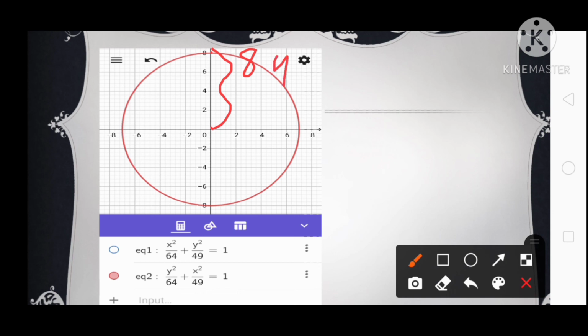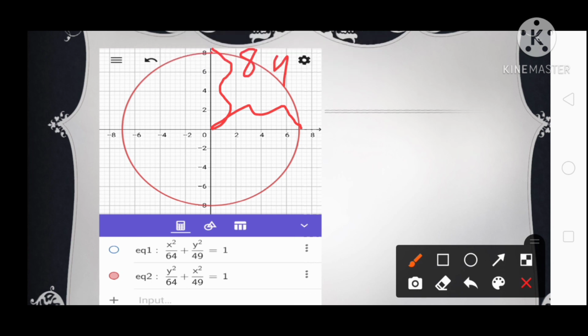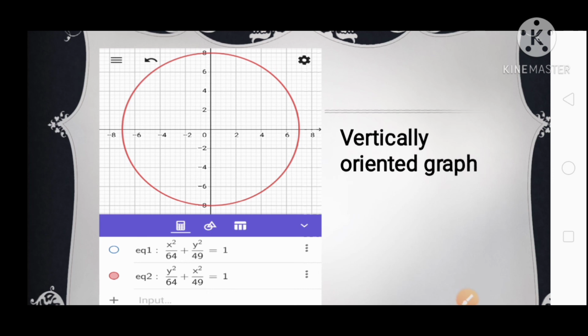Then, from the center to the edge of our minor axis, we have 7 units. Our minor axis is now located at the x-axis. That's why our graph looks like this. This is the vertically oriented graph.